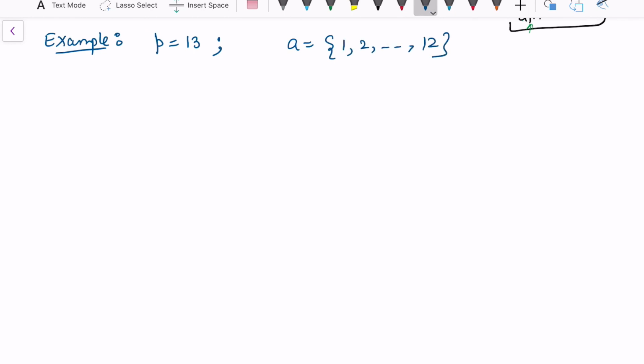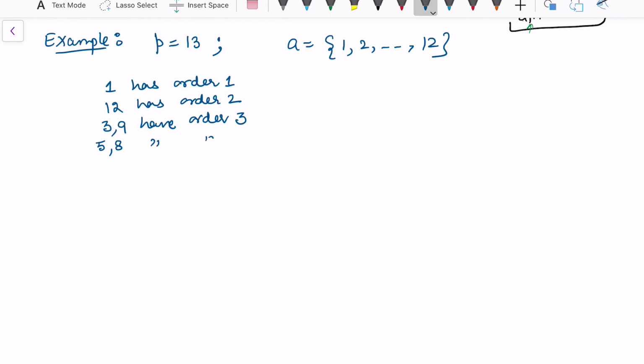So from this, I see 1 has order 1, 12 has order 2, and then I may say 3 and 9 have order 3, 5 and 8 have order 4, 4 and 10 have order 6, and the remaining integers 2, 6, 7, 11, they have order 12.